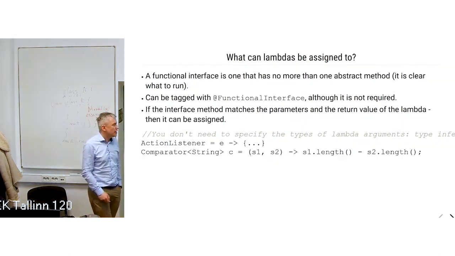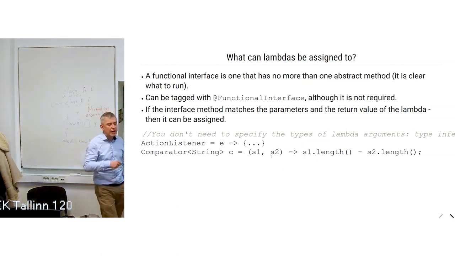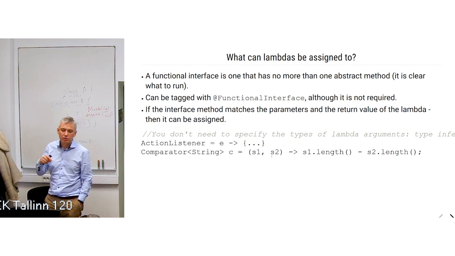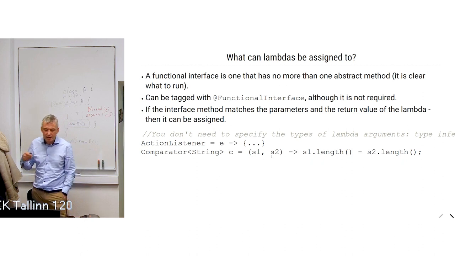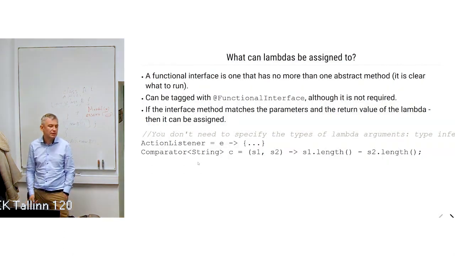Please note that we are not specifying the types of lambda arguments here. We might put String s1, String s2 here, but as well we can omit these types. This doesn't mean that these variables are untyped like in the JavaScript language. They are still typed, and their type is String, but this type is inferred from the left side of this assignment.